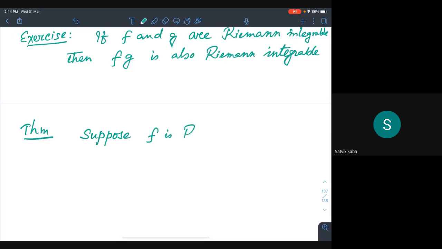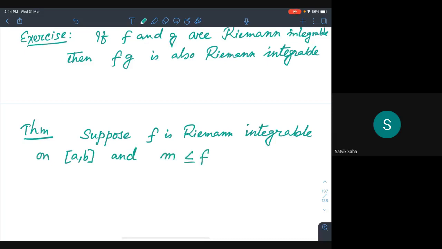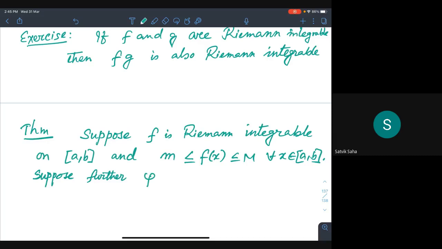Suppose f is Riemann integrable on the closed interval [a, b], and small m is less than or equal to f(x) is less than or equal to capital M. The image lies in the interval [m, M] for all x in [a, b]. And suppose further that phi from [m, M] to R is a continuous function.